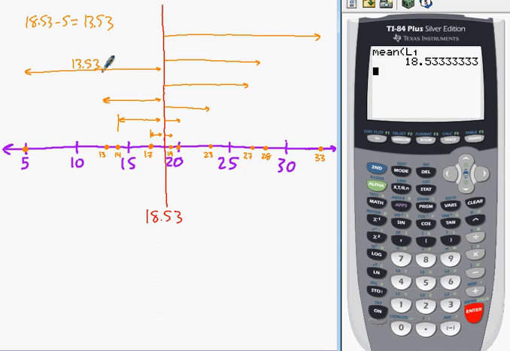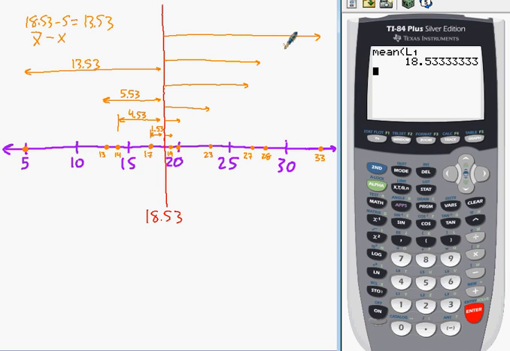Now we're going to repeat that for all the other ones. And there they are. Now, what I want to draw your attention to right now, very important, is how we calculated this. We did the mean minus the data. So if we did this symbolically, the mean is x bar minus x. Right? And that's how we calculated all of these.